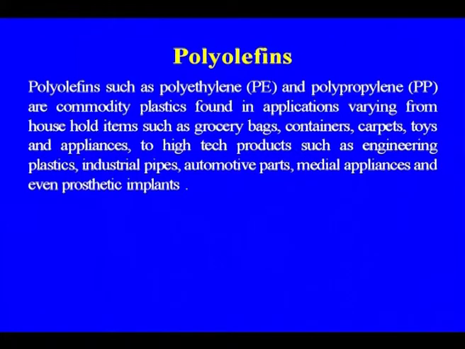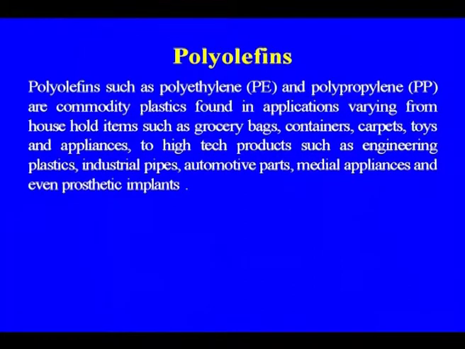Polyolefins such as polyethylene and polypropylene are commodity plastics found in applications varying from household items such as grocery bags, containers, carpets, toys, appliances, to high technical products such as engineering plastics, industrial pipes, automotive parts, medical appliances.